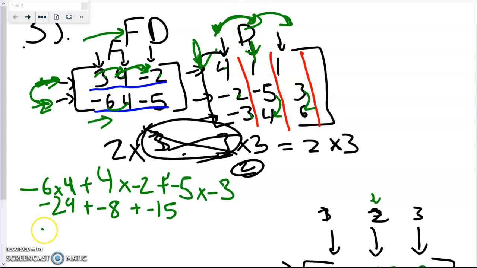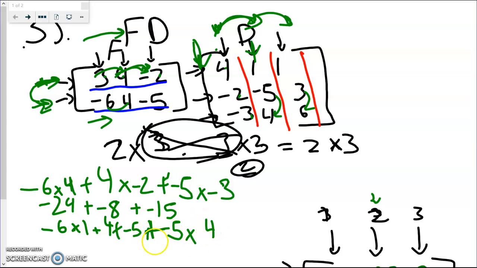We go negative 6 times the 1, still adding. We move right to the 4, down to the negative 5, 4 times the negative 5. We move right to the negative 5, down to the 4.